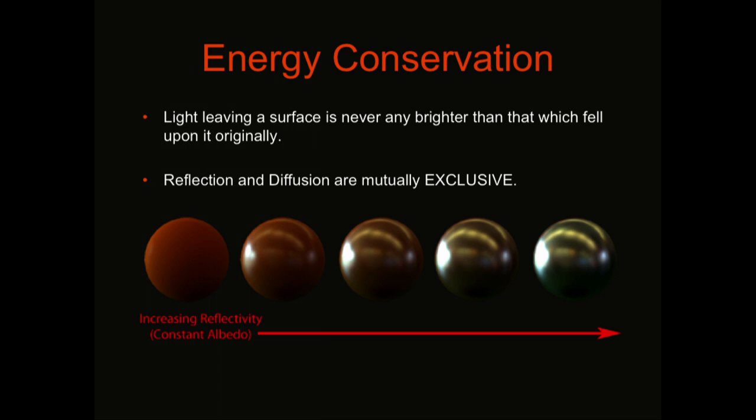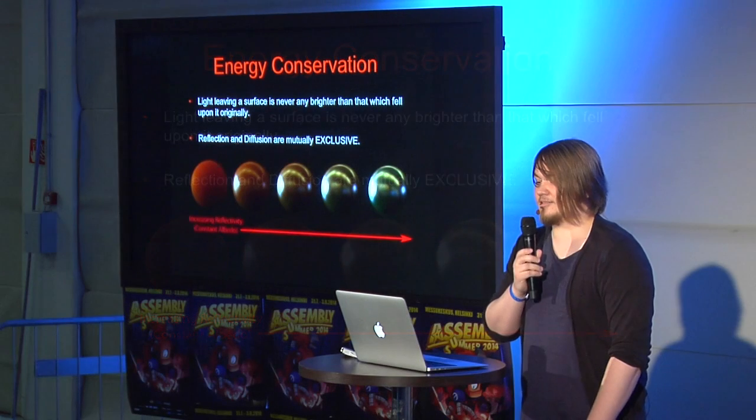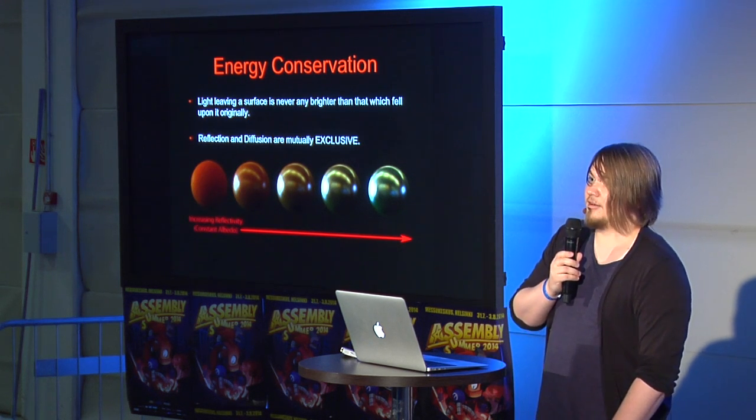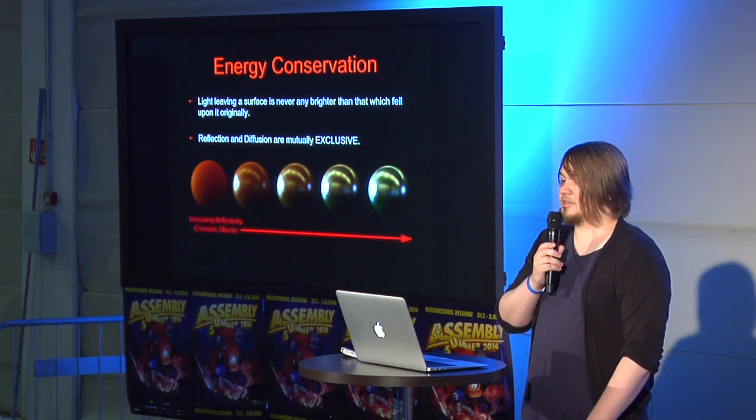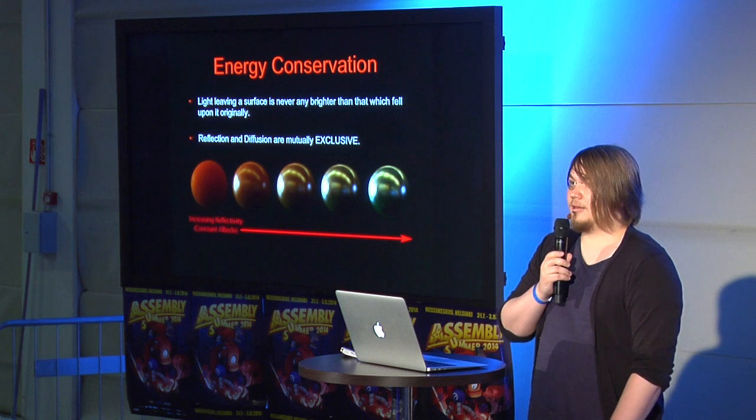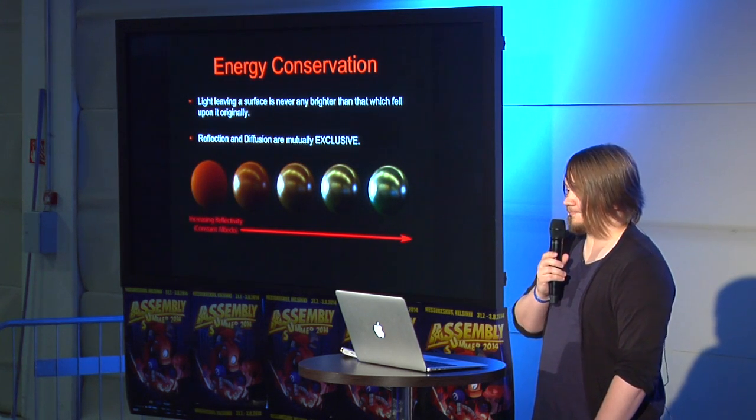And this basically means that reflection and diffusion are mutually exclusive. You can't have both, because then you somehow multiply the lighting that came to the object. And as you can see from the spheres there, the reflectivity is a dominant force. So basically, if the object has 100% reflectivity, none of the light actually goes inside the object, and you won't see any color on the object surface.